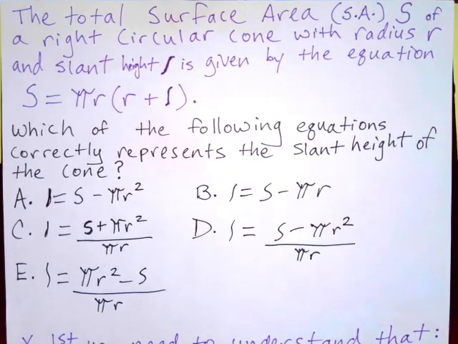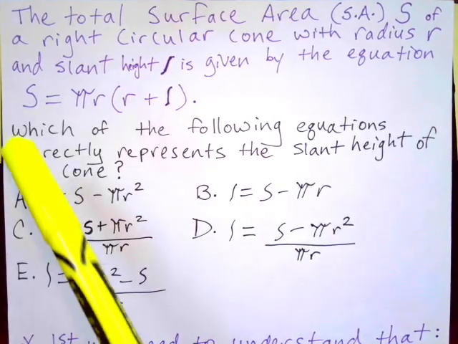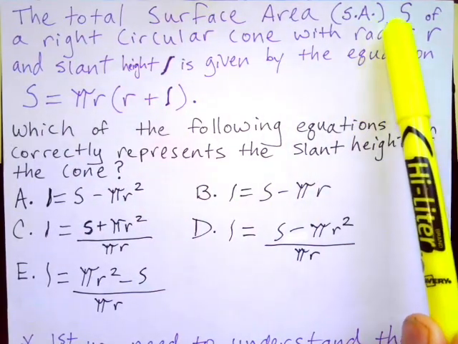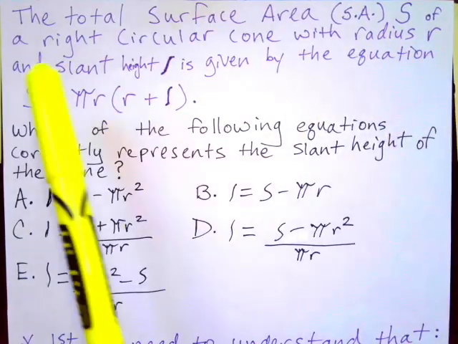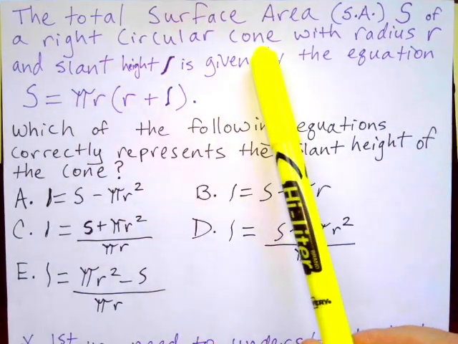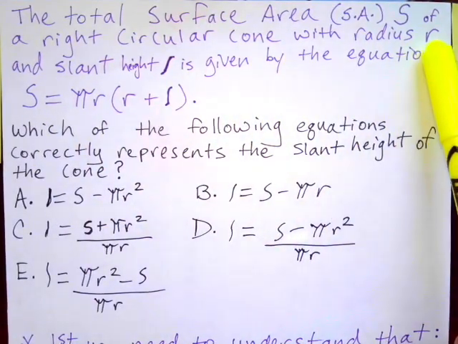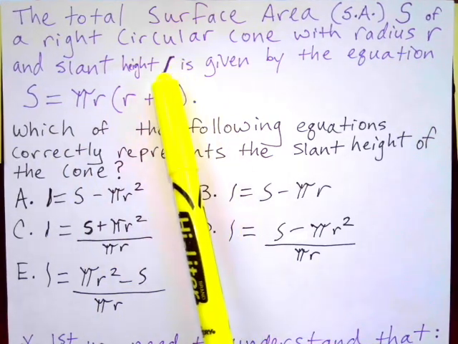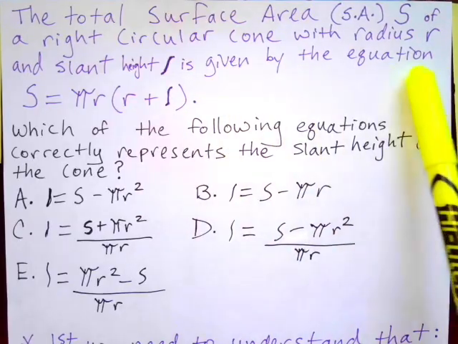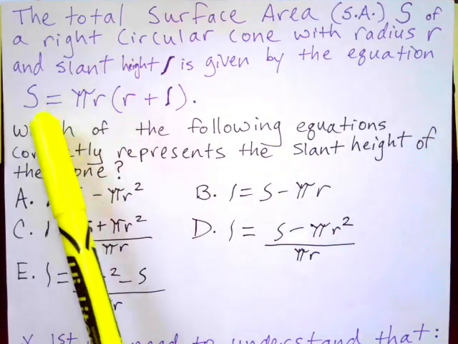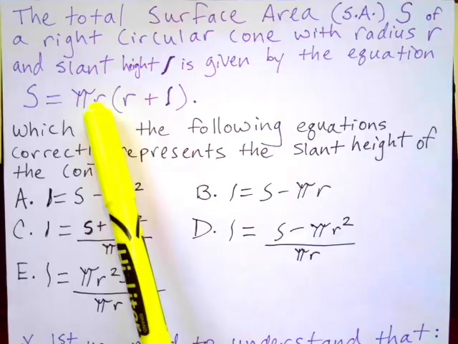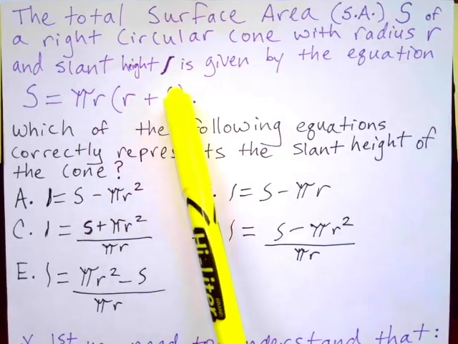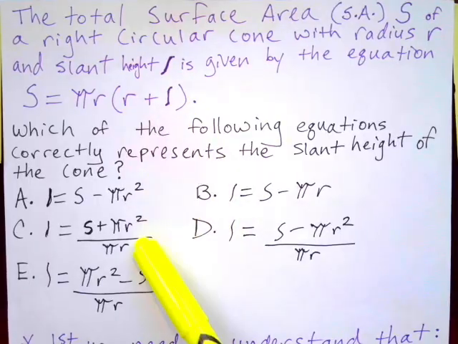All right, so let's just jump right on in here. The total surface area represented by S of a right circular cone with radius r and slant height, symbol here, is given by the equation S equals pi times r times the quantity r plus slant height, close parentheses.